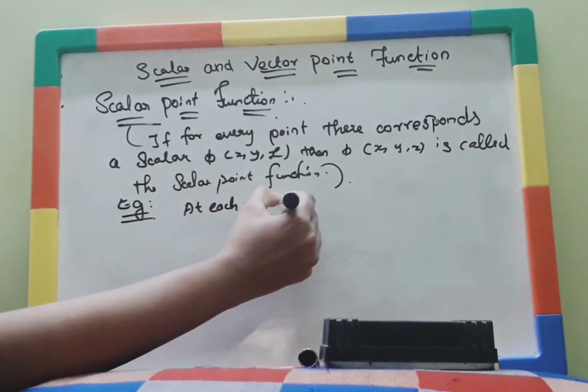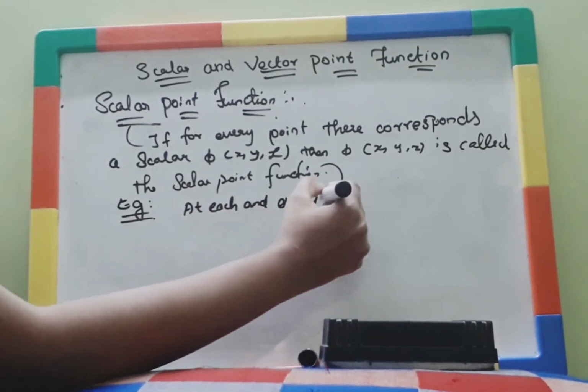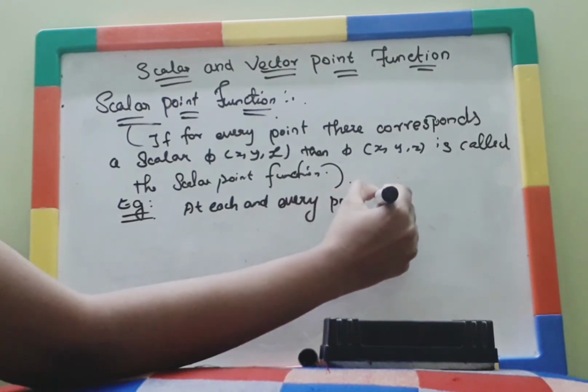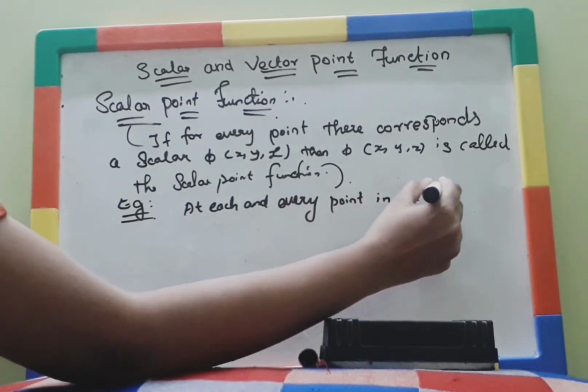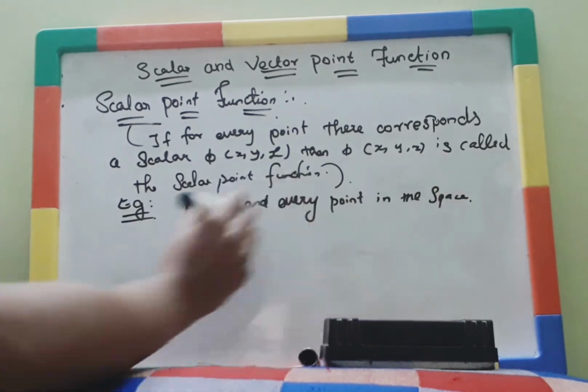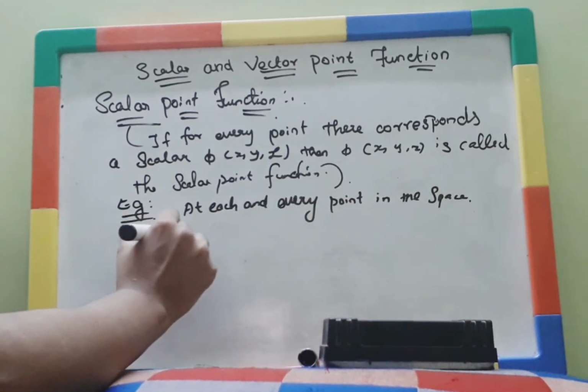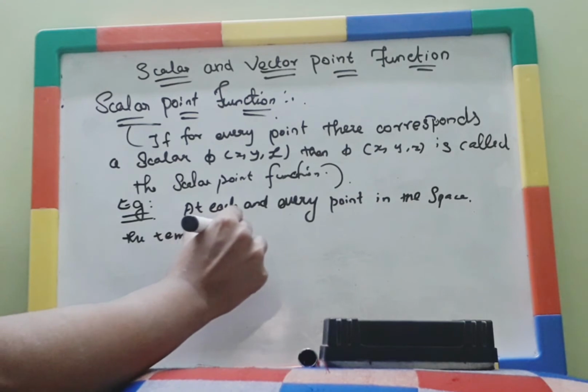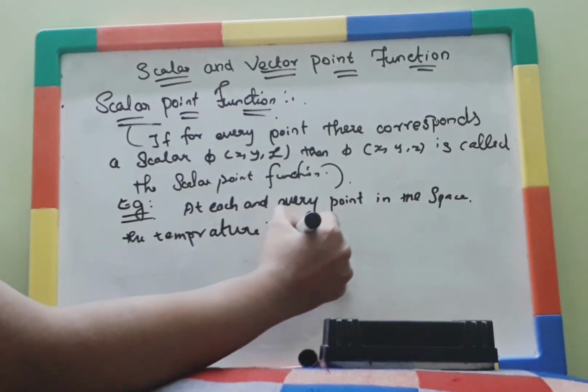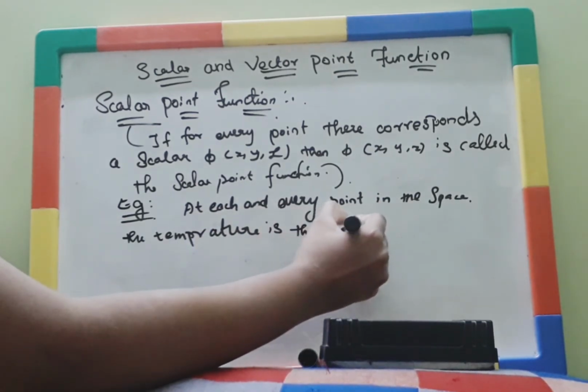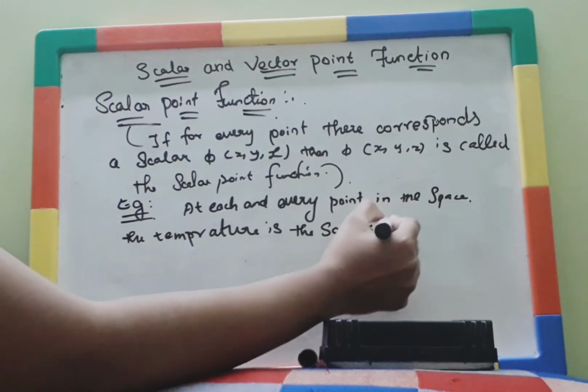Example: at each and every point in space, the temperature is a scalar. The temperature, denoted as T, is a scalar at each point.